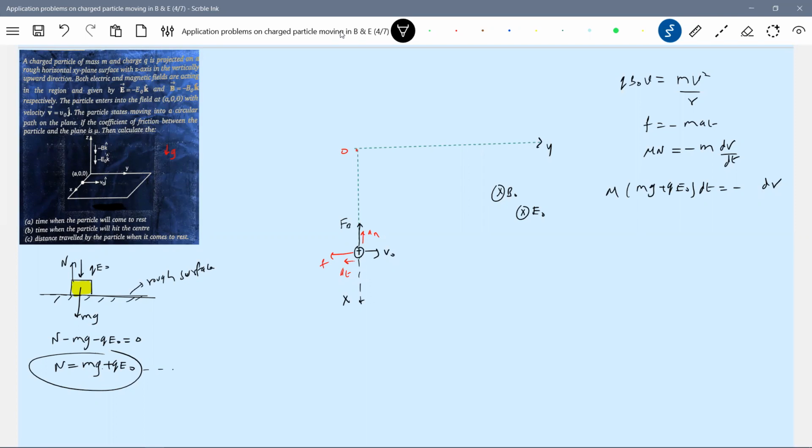If you want this m also, I'll send it here. What has to be done now? Limit. At t equals 0, the particle was projected with a speed v0, and finally it has come to rest.